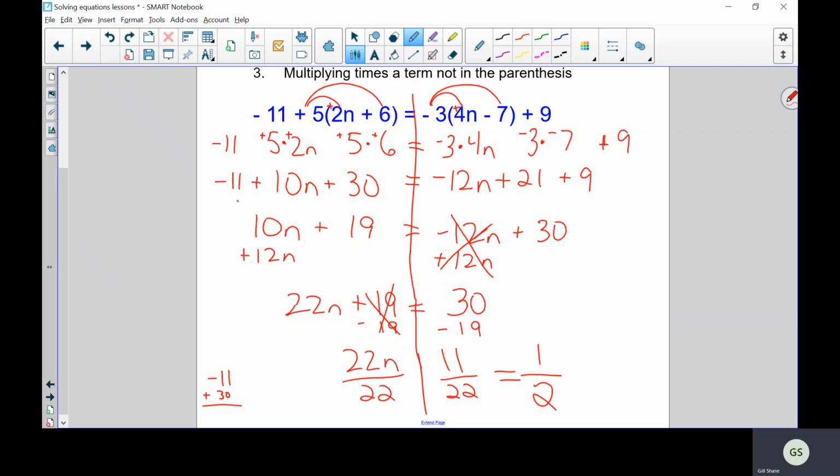I have a 5 and then 2n and 6, but I said 5 times 2n, so I multiply those two, and then also 5 times 6. So this matches up pretty close to the exit ticket you're going to take, and so does that problem that you're working on. That's why I said do that. And then over here, you do the same thing, only you have to be careful of your negative signs on the right. Because you'll notice in your problem there, you have some negative signs. So just be careful about the rules for positive and negative.